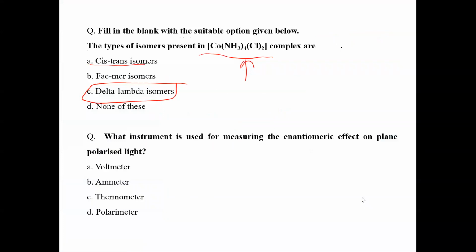To explain the delta-lambda isomer, I am taking a typical example.